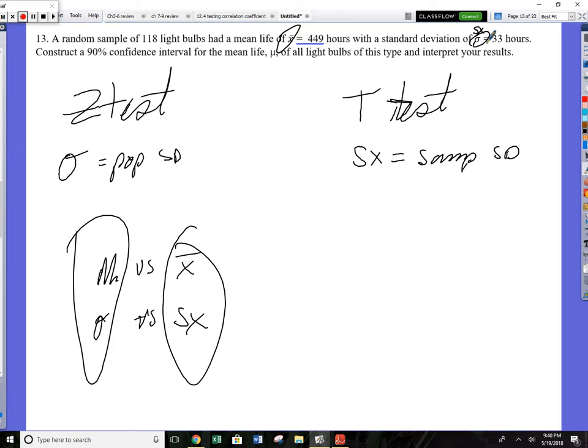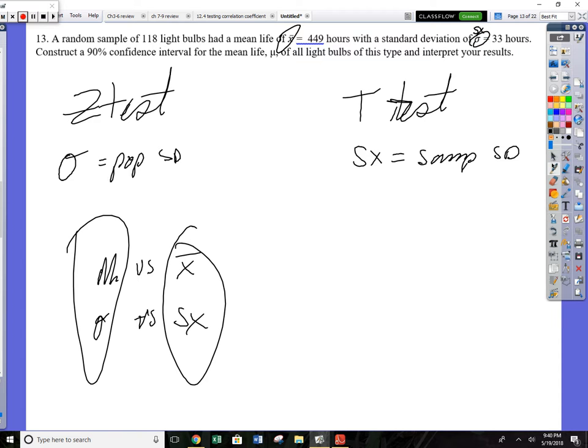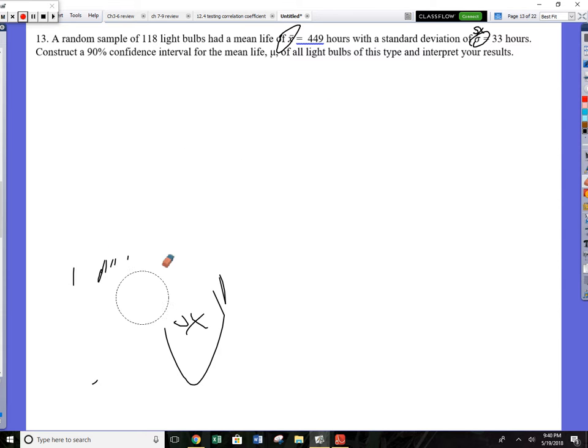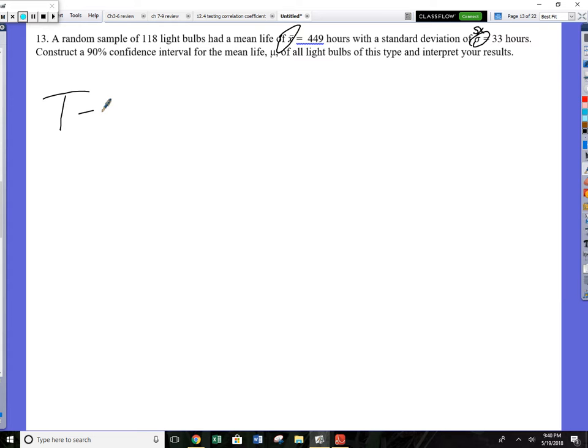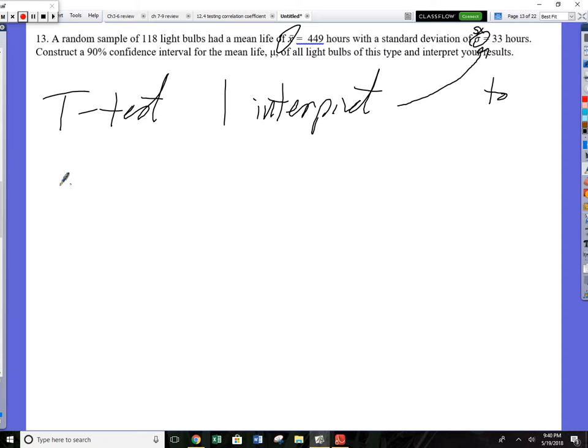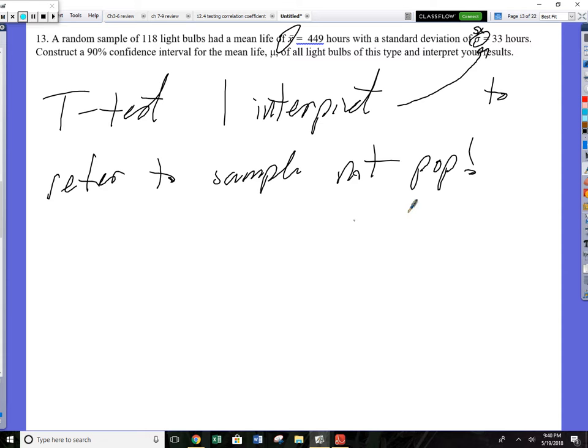So on my test I would say, if you did this, you would cover your butt and guarantee you would not miss it. I am going to choose a t-test. I interpret this to refer to the sample, not the population. And then from here on out, you're in good shape.